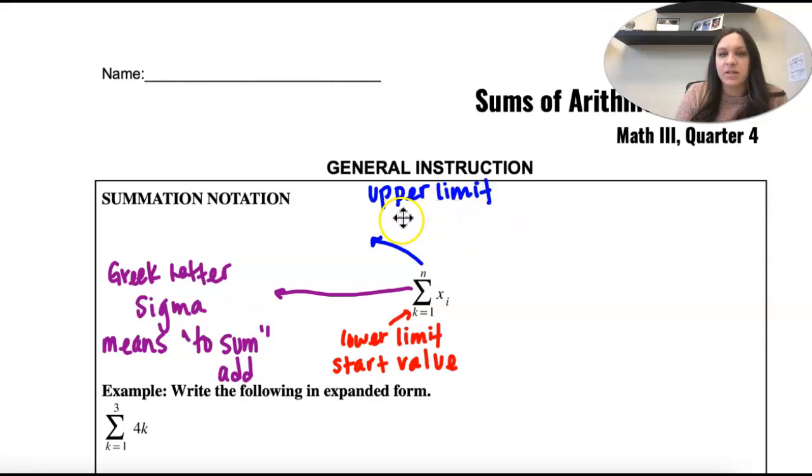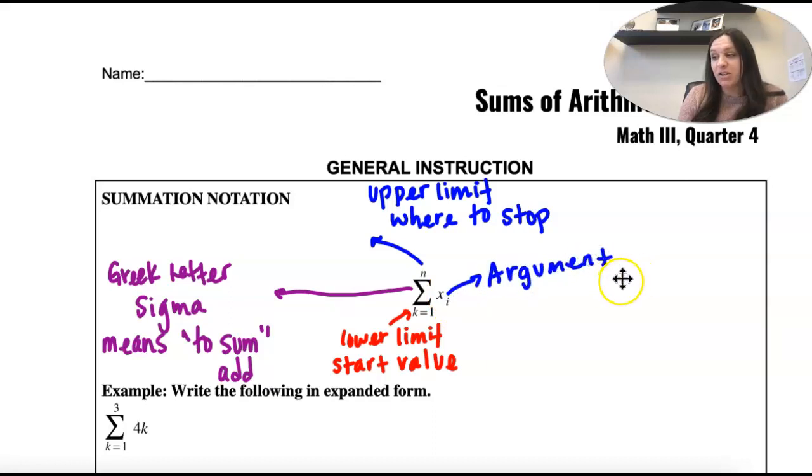And this tells us where to stop. And then this x sub k, the formal term for this is the argument. It's a function, the expression.